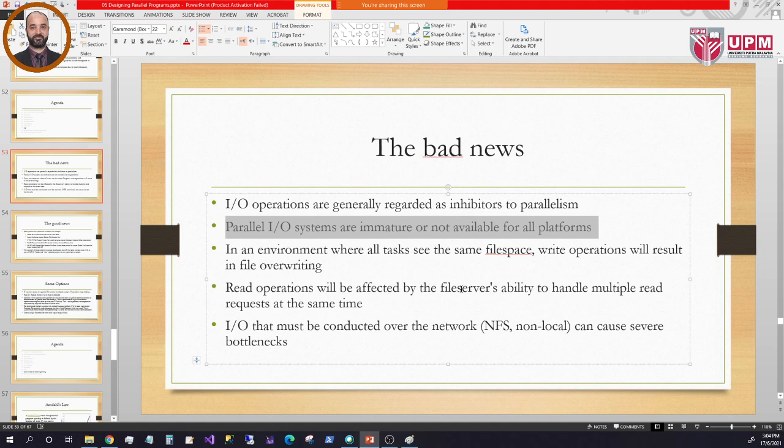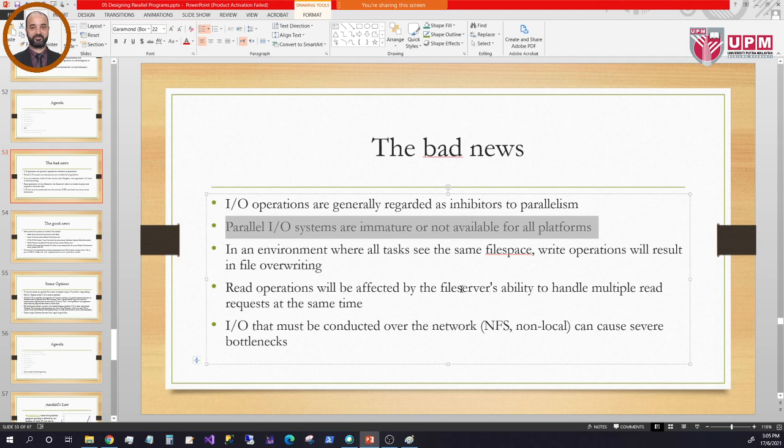The answer is that the problem here is not a matter of parallelism. The problem is the I/O system. The I/O system is very slow, and even if you program at a very high level of parallelism, it's not going to improve, because the inhibitor here is the I/O device.